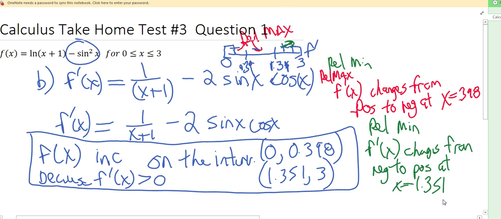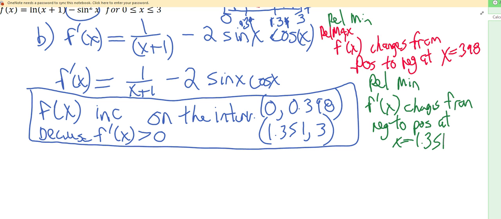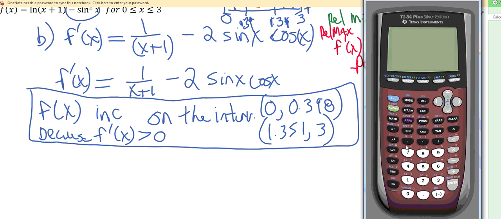So maybe I would make a suggestion is to just go back to your calculator. We don't need that derivative graph anymore. Turn this one back on, and I'm going to turn the derivative off, and I'm just going to list out my values. So I go to my table, and I'm going to change the setting to the table set to ask, so that I can just type in the values for the independent variable, which of course is x, and you just type in let's test it out at 0.